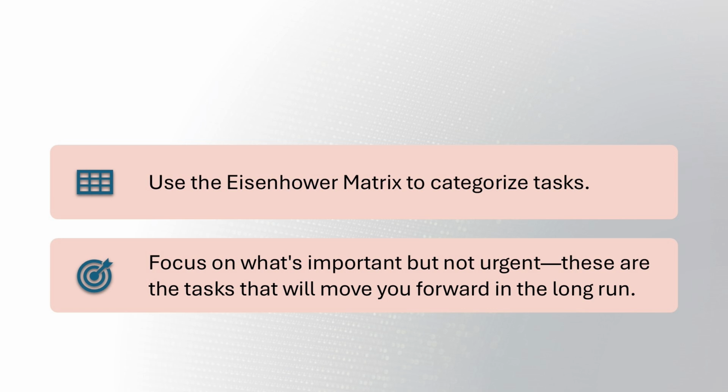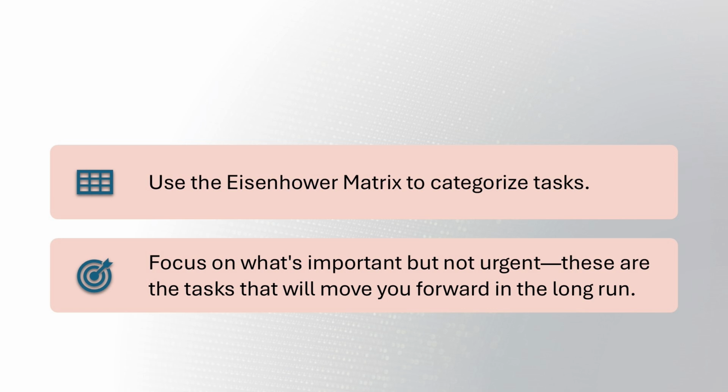Focus on what's important but not urgent. Why? Because these are the tasks that will move you forward in the long run. The tasks that are important but not urgent, they are important. And because they are not urgent, you have time to plan for them. You have time to execute them.